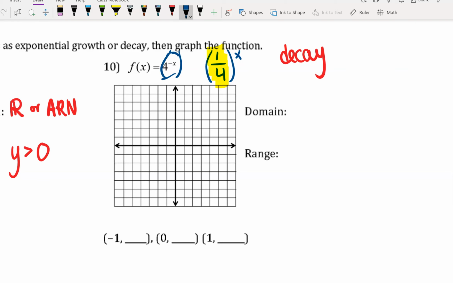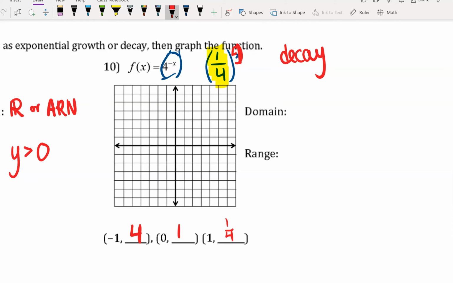All right, so let's pick some points. If we plug in a -1 here, 1/4 to the -1 is going to flip it again. So it's now going to become positive 4. If we plug 0 in, anything to the 0 power is 1. And plug 1 in, anything to the first power is just itself. So it's just going to be 1/4.